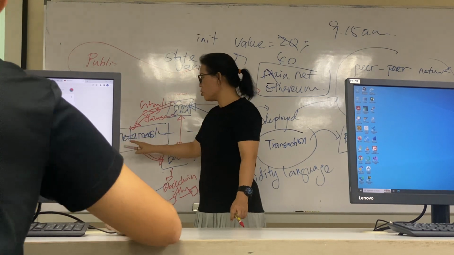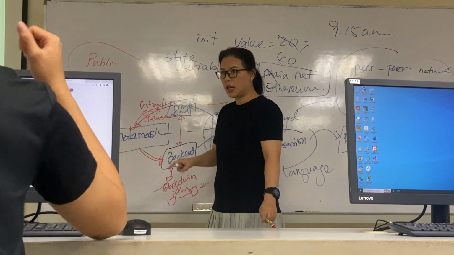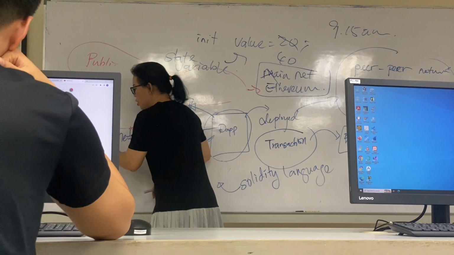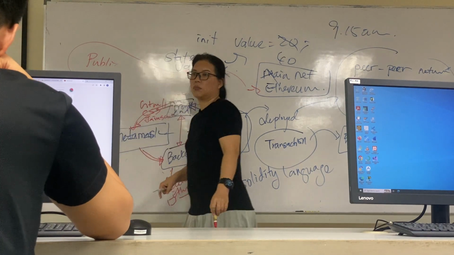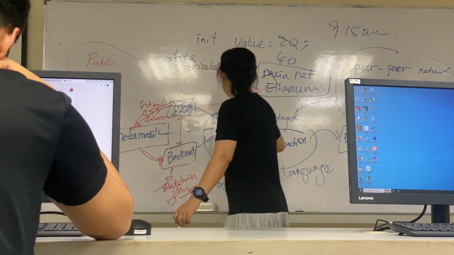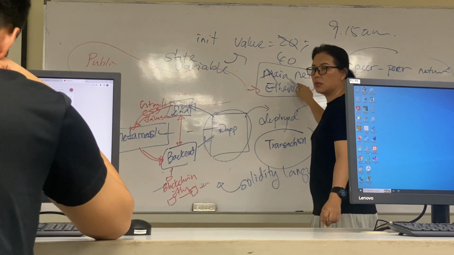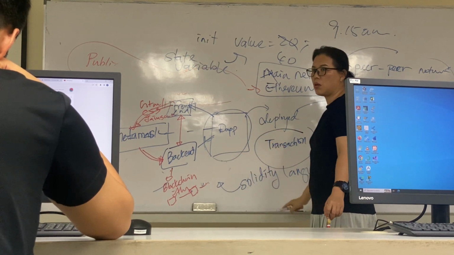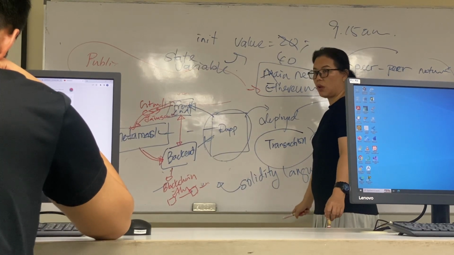Okay, and then your MetaMask also needs to indicate which network you are connected to. Just now I said you are connected to a mainnet; you can connect to a testnet, or you can connect to your local blockchain network.